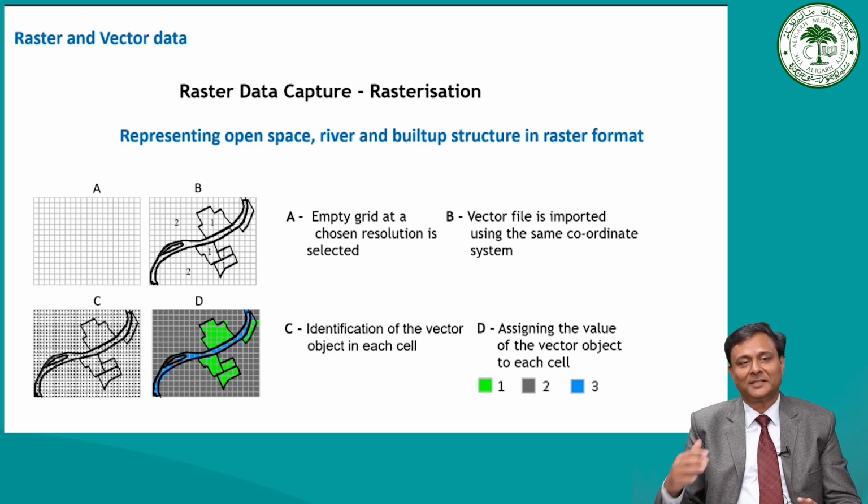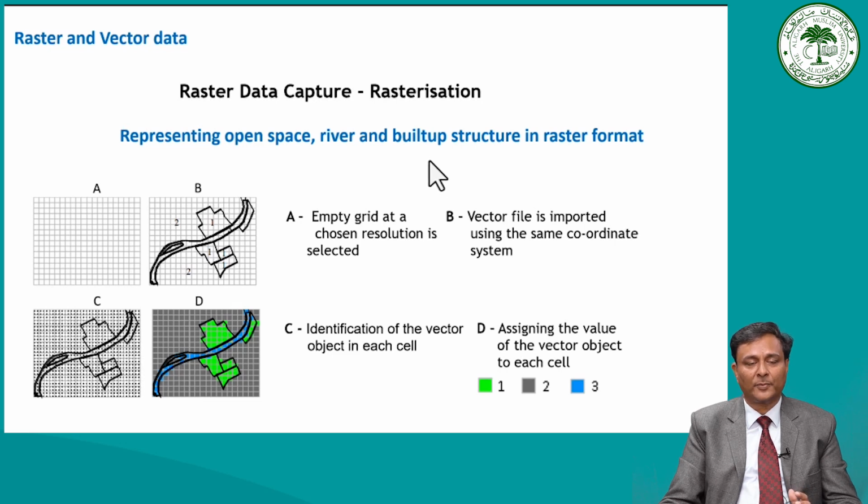Now, continuing with the raster data, how we rasterize it. I'm not sure how well you can see these images, but it's a very interesting example which I'm trying to depict here, of how we rasterize any geographic details into raster format. Here we are trying to represent again the 3 land use classes, the open space, river and built up structure, in raster data format.